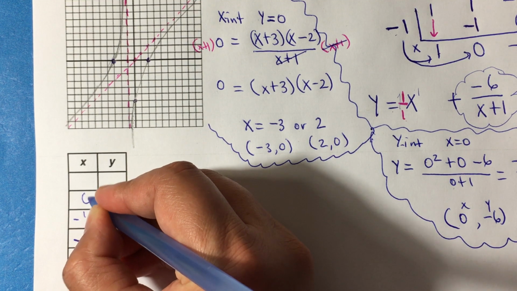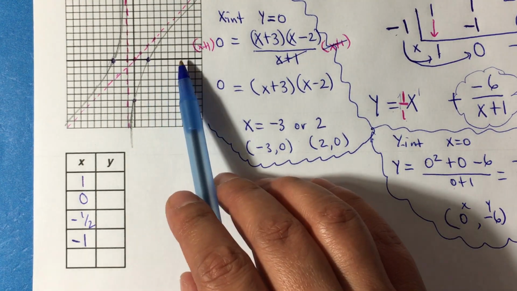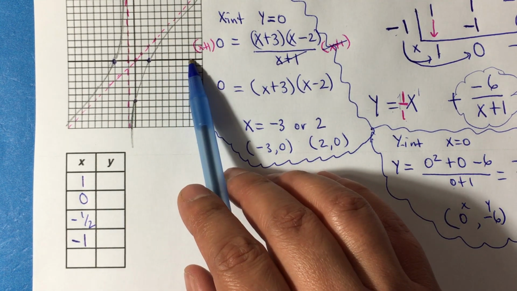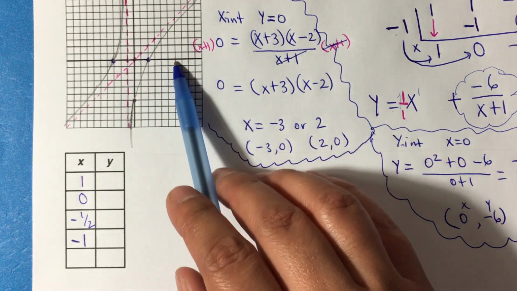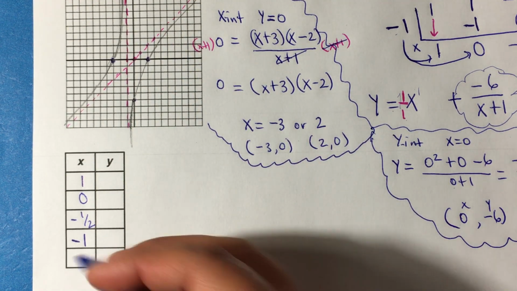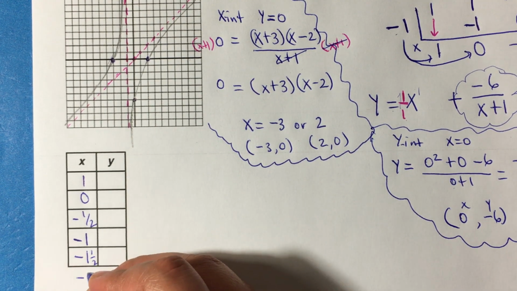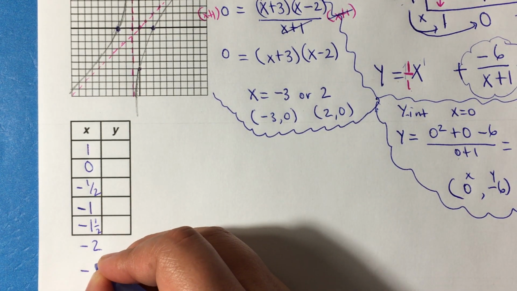After that I would put 0 and then +1. Now if you wish, instead of choosing these 2 points, you can just choose any other point in here. Maybe do like 6 to see where it goes. That's fine. On the other side, you get negative 1 1/2, negative 2, and maybe negative 3.